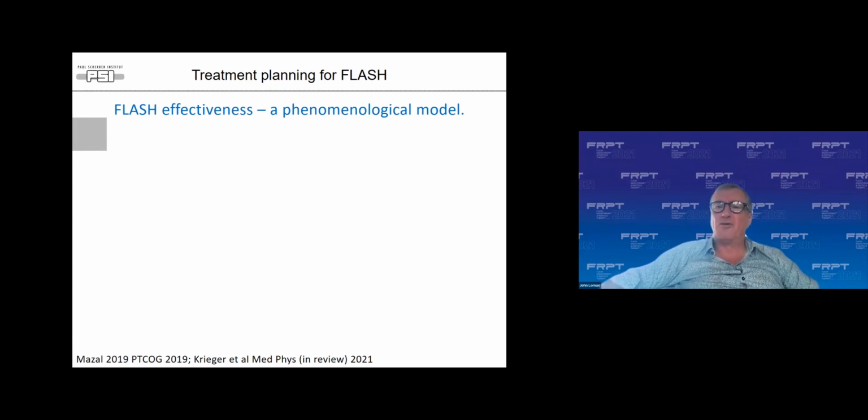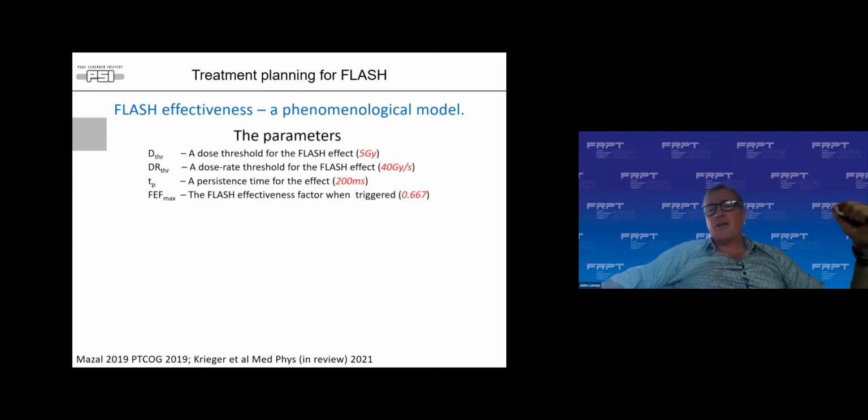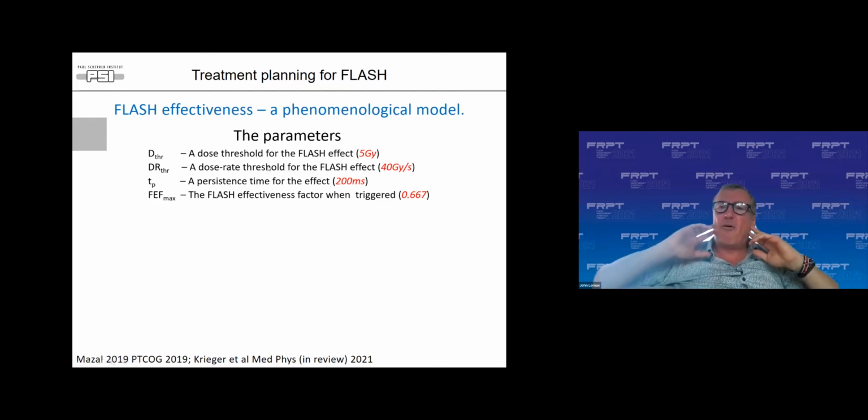It makes no assumptions on biologically what the flash mechanism is. So we basically say, okay, we need a dose rate threshold, clearly. In our model, any voxel which is being delivered at a dose rate more than that threshold, let's say 40 gray per second, we assume we'll have the flash effect.